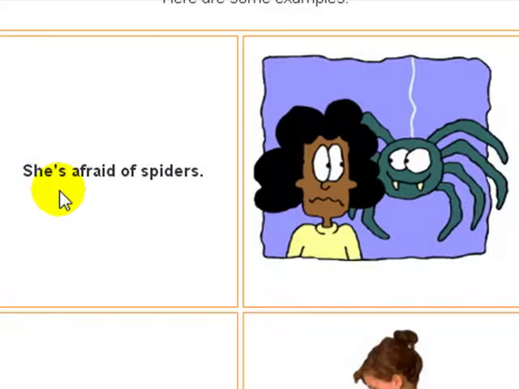And is is a be verb. Afraid of spiders. So she is the subject and is is the verb, and afraid tells us something about that phrase. So we won't get into that right now. We're just going to identify subjects and verbs.